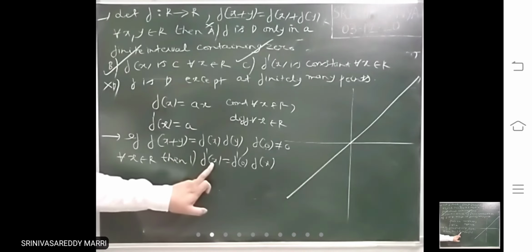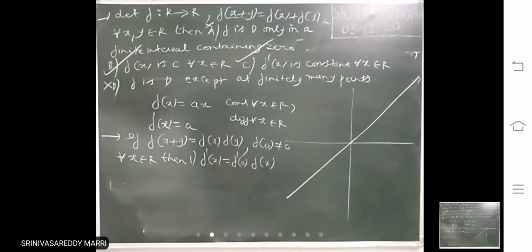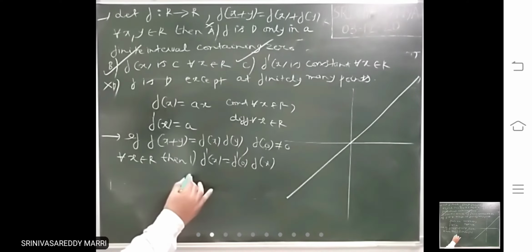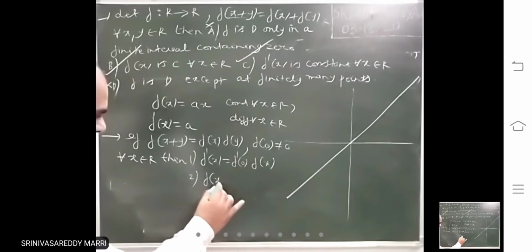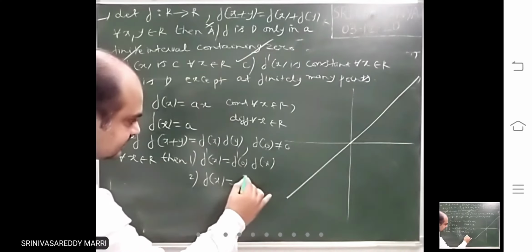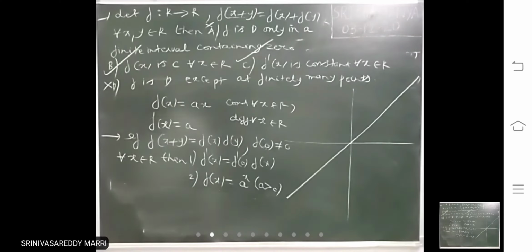For this type of function, the derivative formula is f dash x equal to f dash 0 into f of x. Number two, f of x is a power x, a greater than 0.